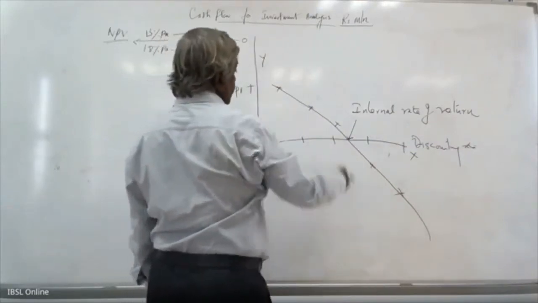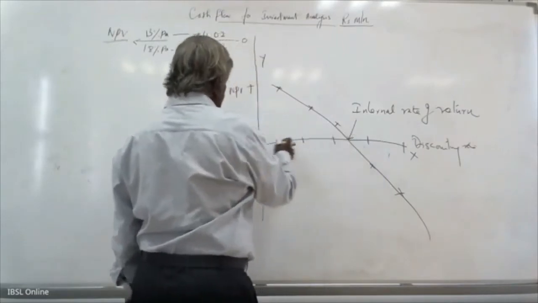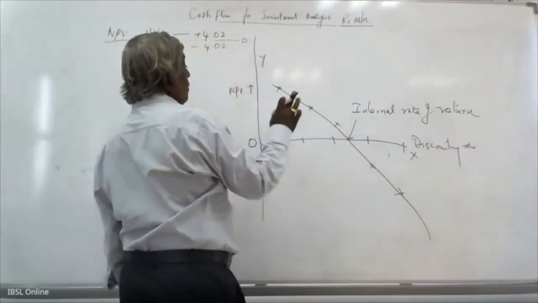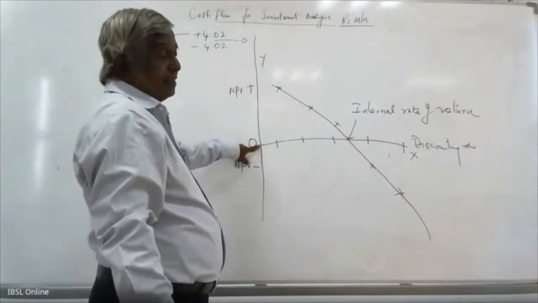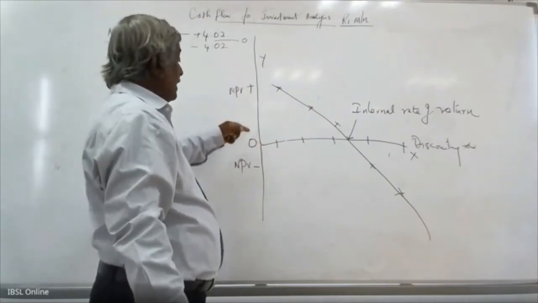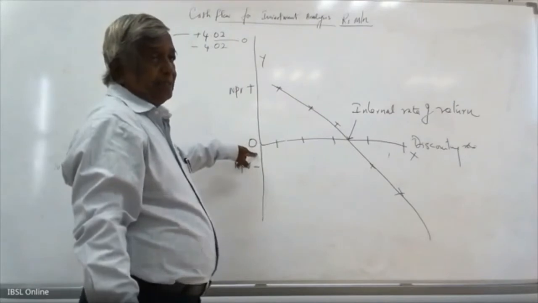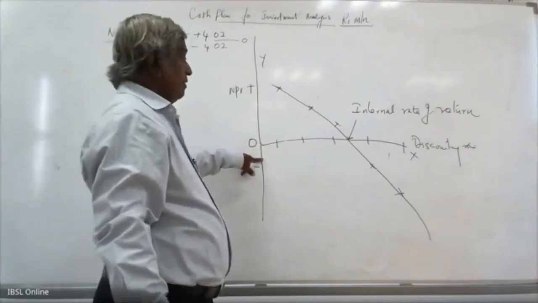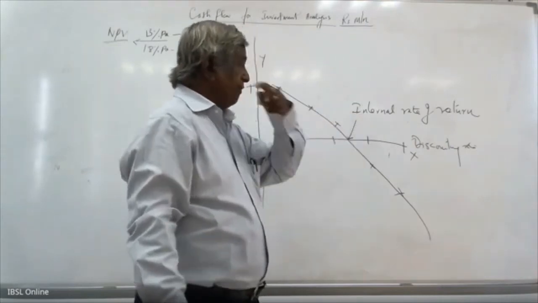So you will get the graph passing through the x-axis at a particular point where the NPV is 0. That means the project you are undertaking is neither positive nor negative. It is a break-even point. That break-even point is called the internal rate of return.